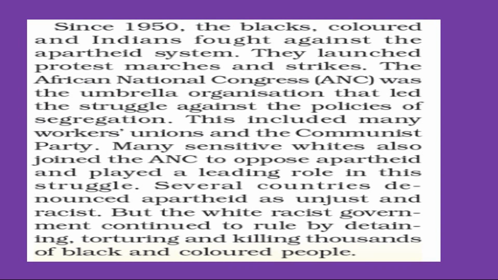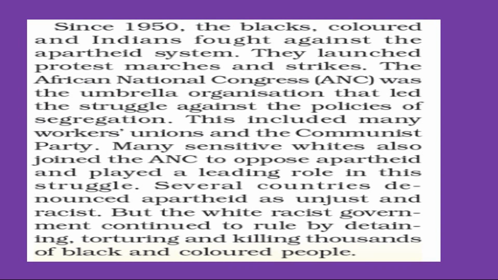Once he was released from the prison because of the international pressure by the United Nations organization, and even democratic countries like India went very strongly against the South African government, the South African government was forced to withdraw the apartheid policy.